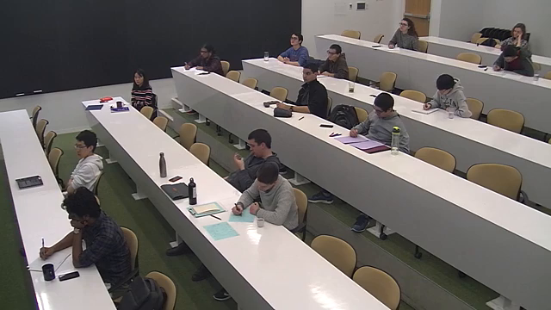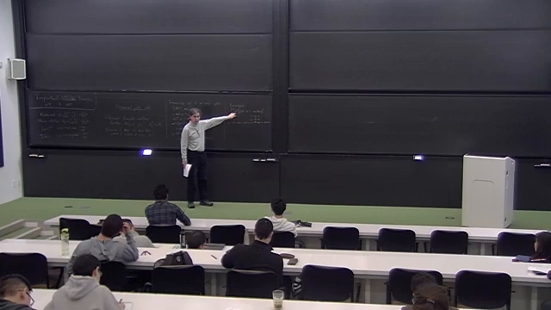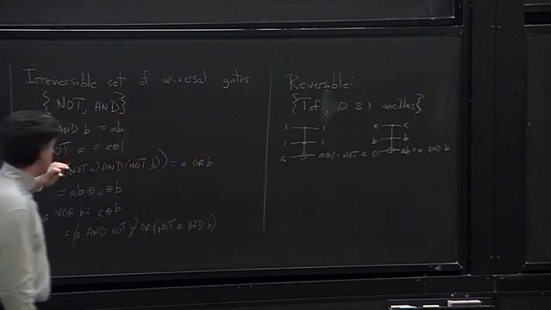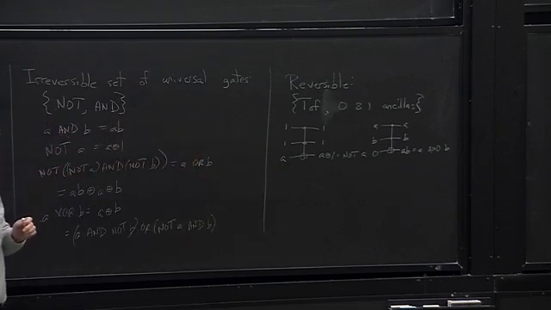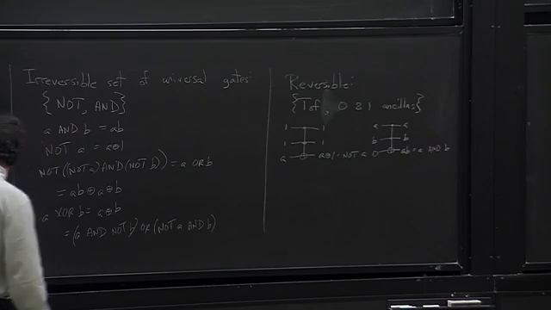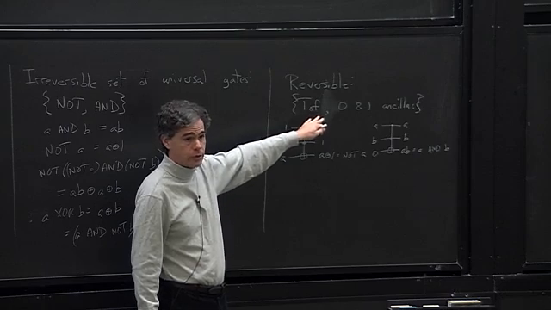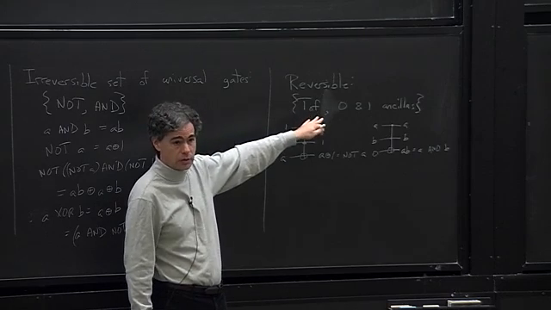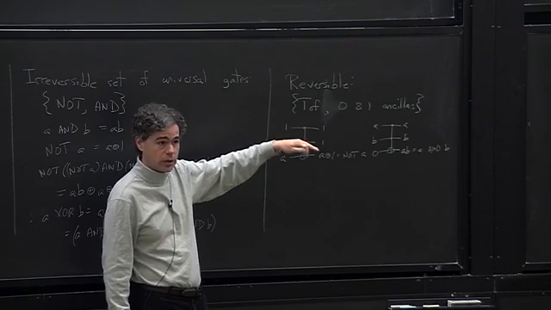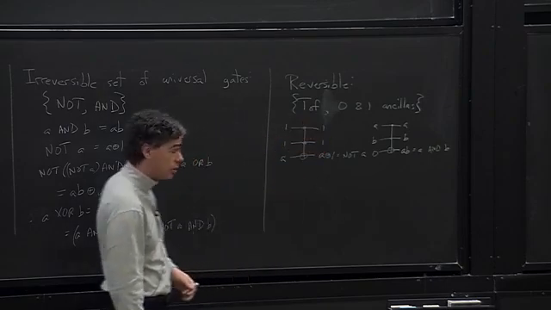I want to point out that this is the universal set for reversible gates, and it involves a 3-bit gate, whereas for the irreversible set, it was enough to have 2-bit gates. And it turns out that there is no set of universal reversible operations that uses only 2-bit gates, or up to 2-bit gates. You really need a 3-bit gate in order to make that work.